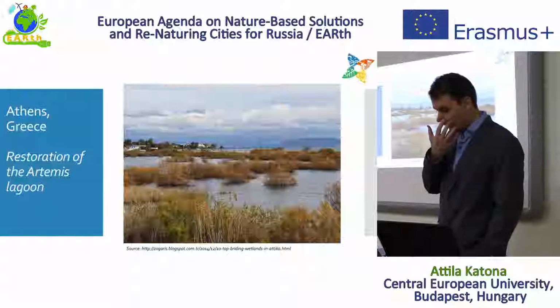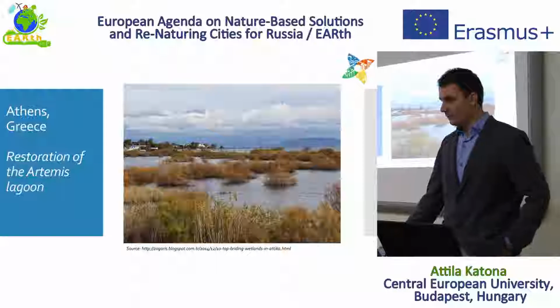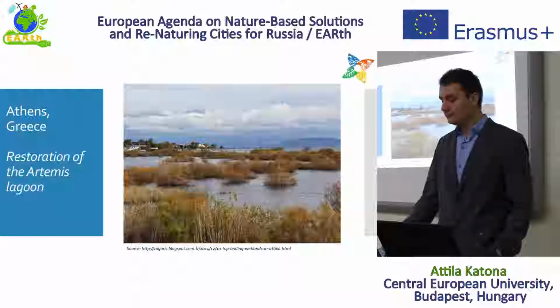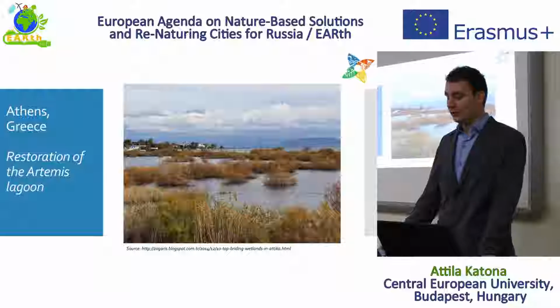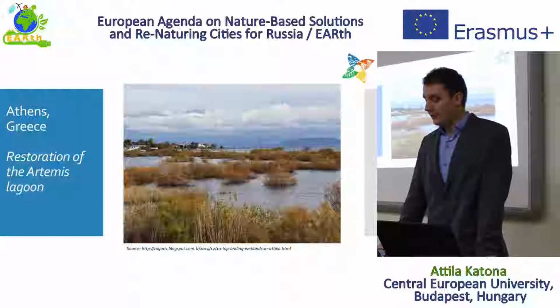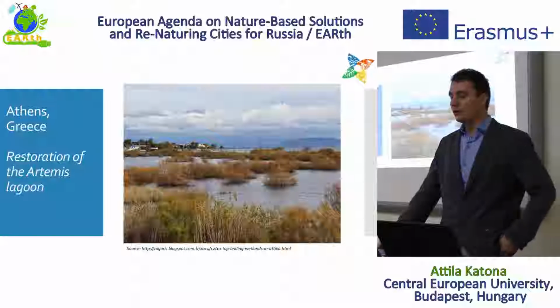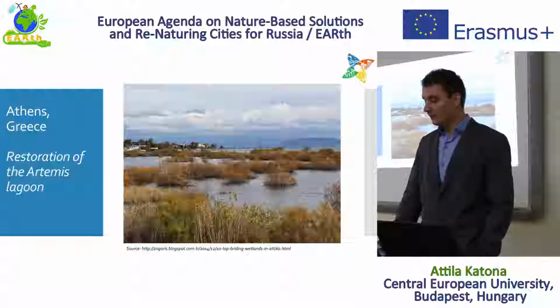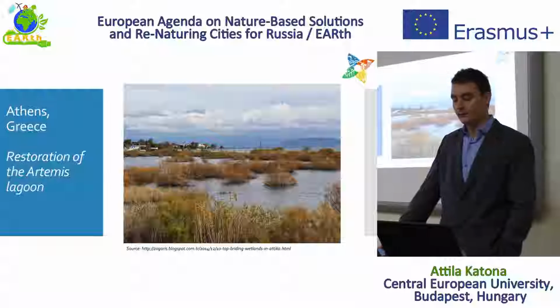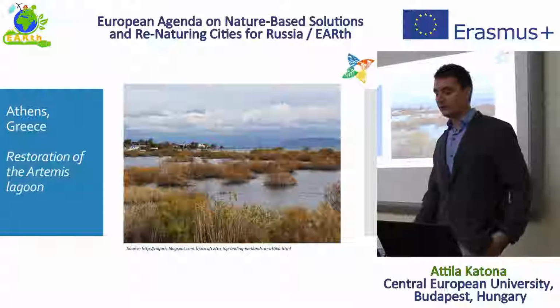Another example is, I'm just going to go through a couple of these quickly. So the Artemis Lagoon in Athens, in Greece, has a large local significance for its biodiversity, with the presence of lots of rare bird species.